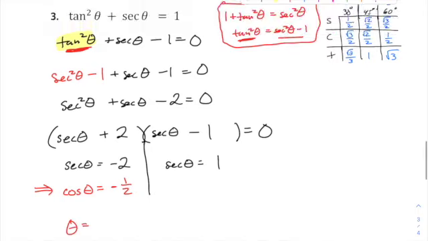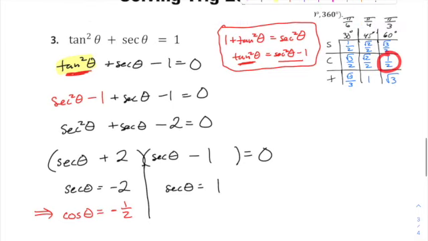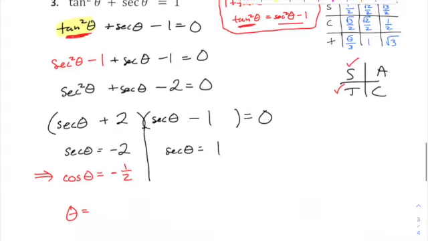Where is cosine equal to 1/2? That would be a reference angle of pi/3, or 60 degrees. But where is cosine negative? All students take calculus. Cosine's positive in quadrant 1 and 4, so that means it's negative in 2 and 3.